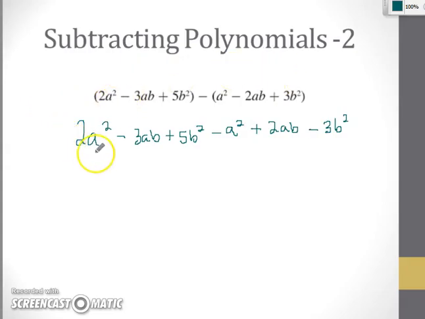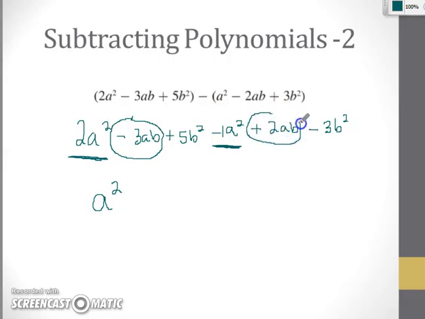Now to combine like terms, I have a 2a squared here that could be combined with this minus a squared. Think of this as minus 1a squared. So 2 minus 1 leaves us with a positive a squared. And then we have this minus 3ab with a plus 2ab.